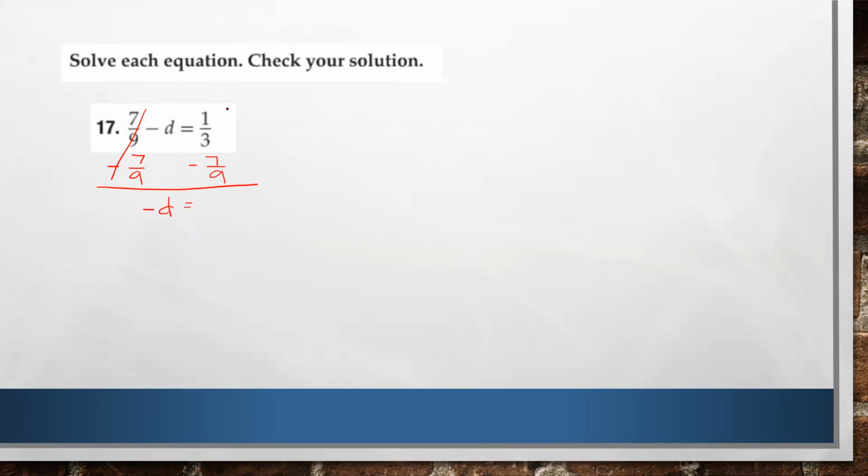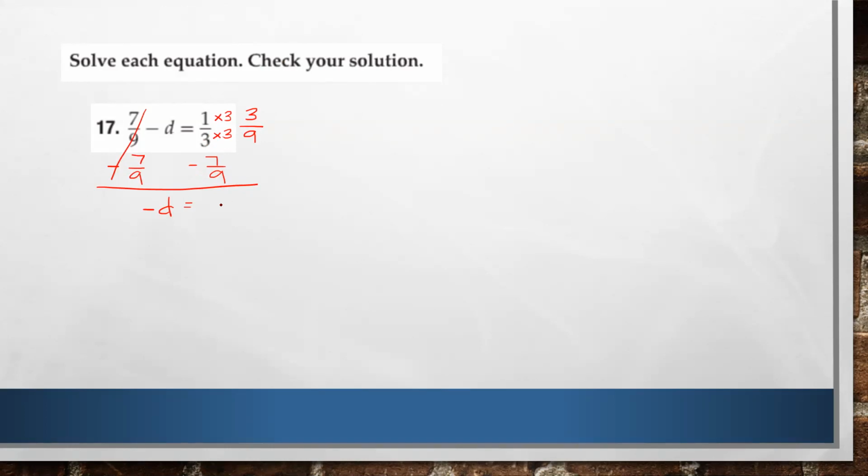So over here, we are subtracting fractions, okay? So they have different denominators. We need them to have common denominators. Well, luckily, 9 is a multiple of 3 because 3 times 3 is 9. So we do 1 times 3, that's 3. So now we have 3/9 minus 7/9, okay?